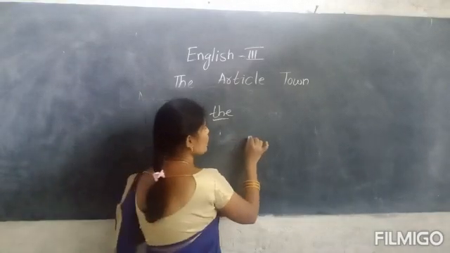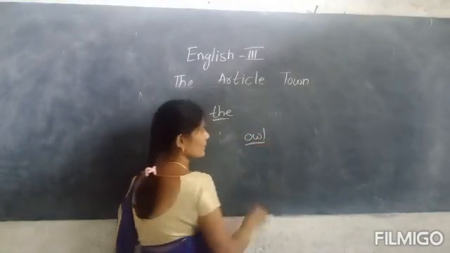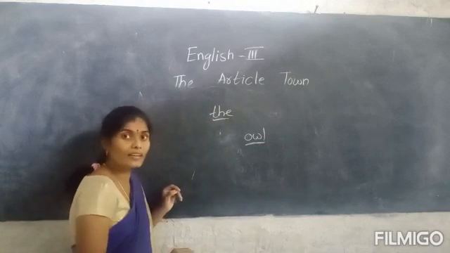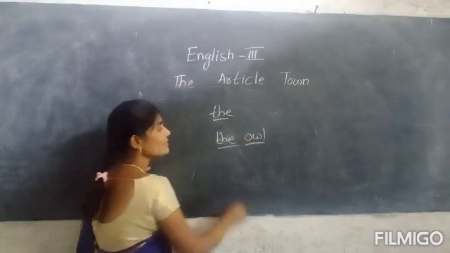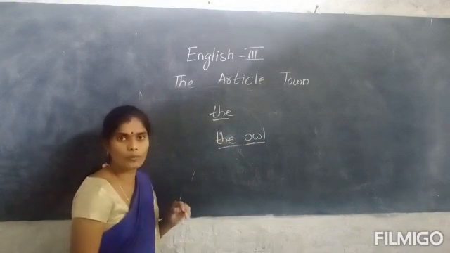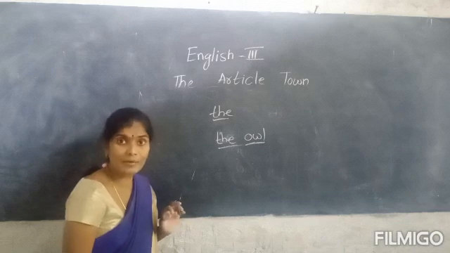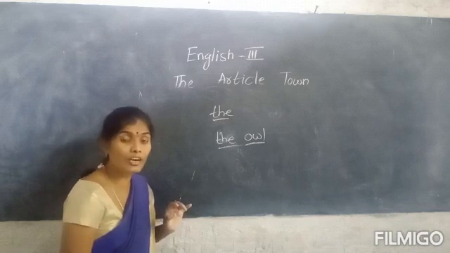How to pronounce before the vowel sound? Vowel means, like, owl. Before the vowel we have to pronounce thee owl.